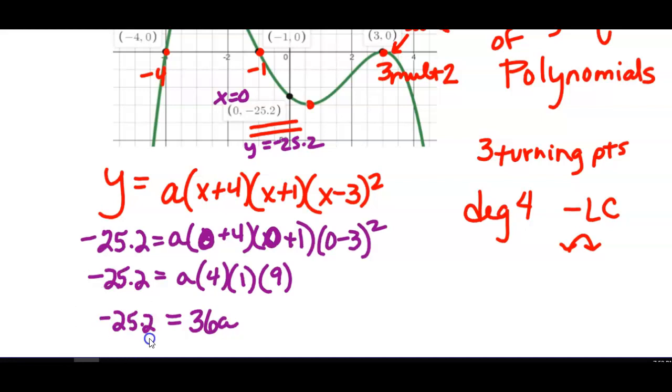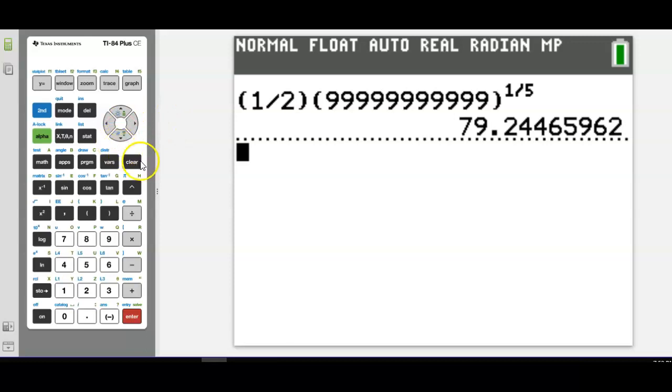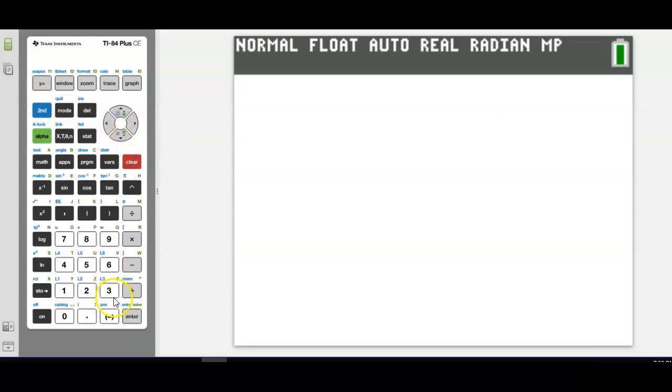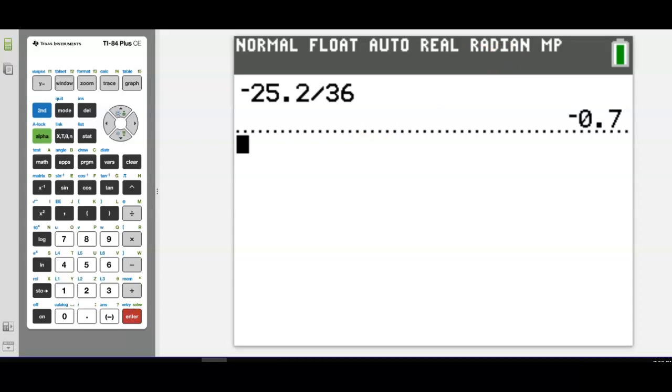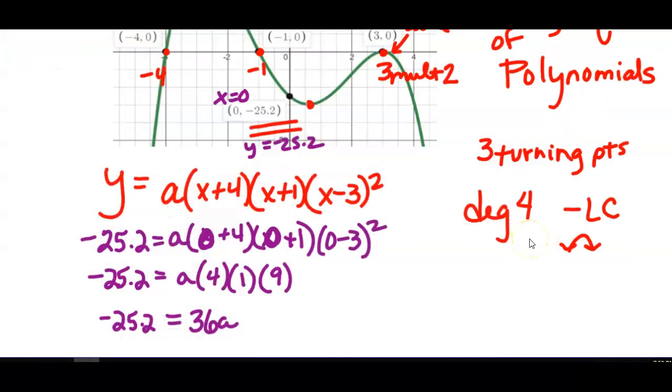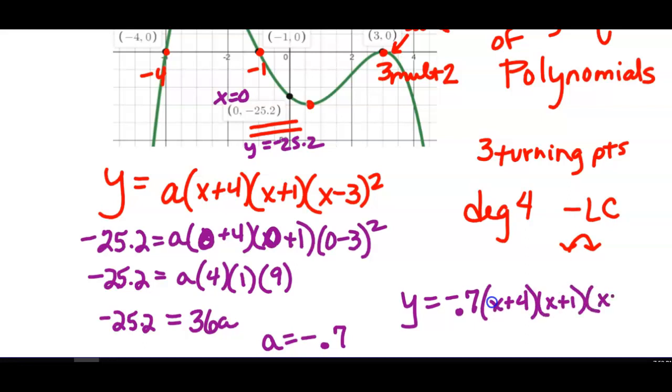So if we take -25.2 and we divide by 36, we get -0.7. So we came out with a equals -0.7. So we think the equation is -0.7, x plus 4, x plus 1, x minus 3 quantity squared.